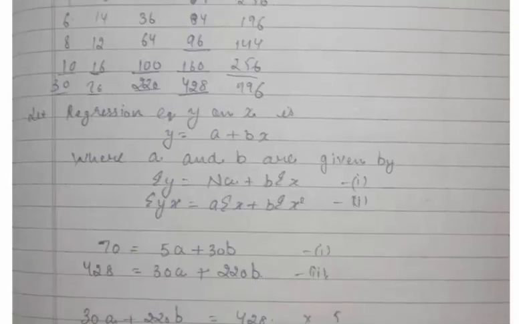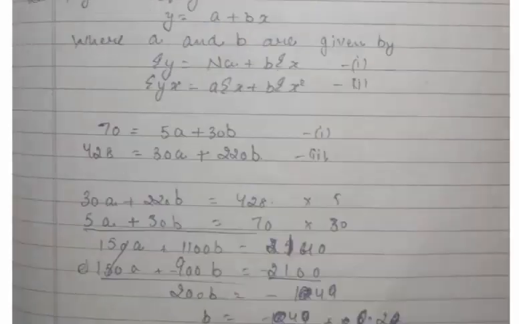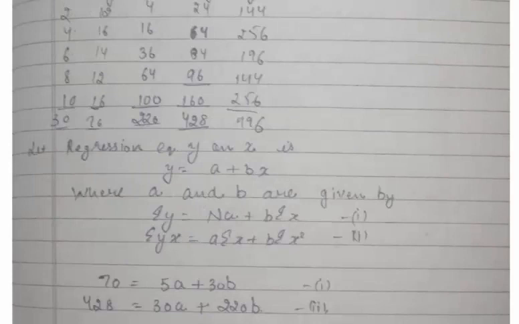After substituting all these values, after putting the value of summation x square, we get 70 equals 5a plus 30b, 428 equals 30a plus 220b. So now you can solve these two equations and find the values of a and b.